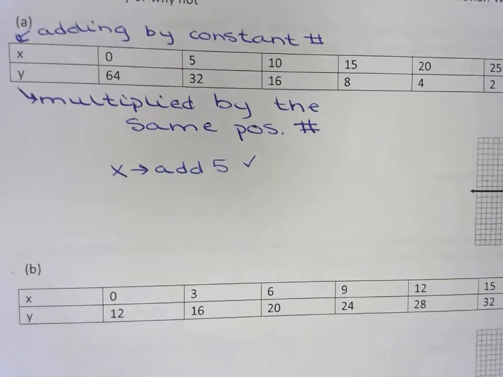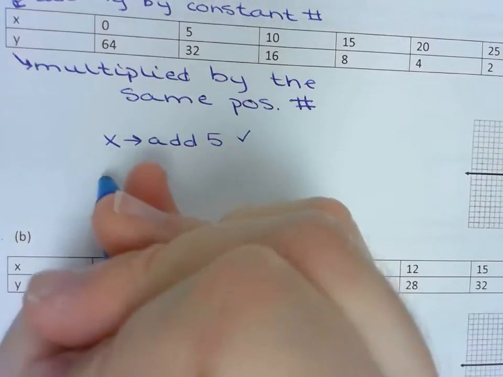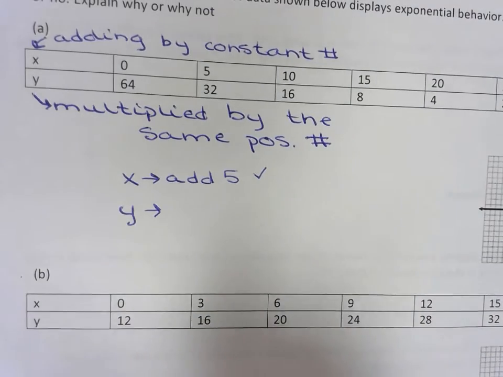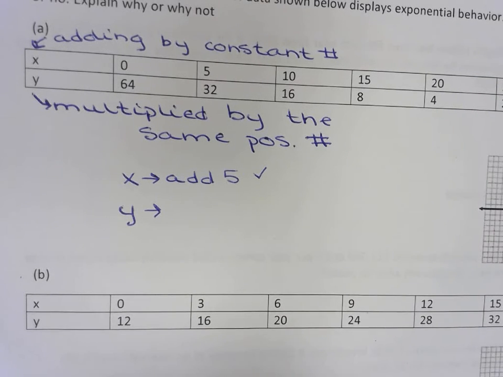My y values, I have to be multiplying by the same thing each time. So I go from 64 to 32 to 16 to 8 to 4 to 2. So what am I multiplying by each time for my y values? 0.5.